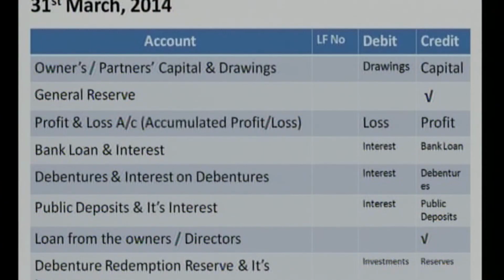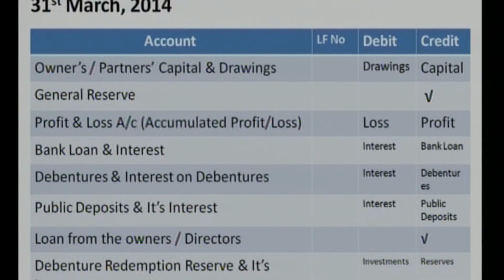Next one, again on your screen, debenture redemption reserve and its investments. Debenture is the long-term liability of the business. To make sure easy repayment, the company has to transfer some of the profits to debenture redemption reserve, and it will be invested outside the business.